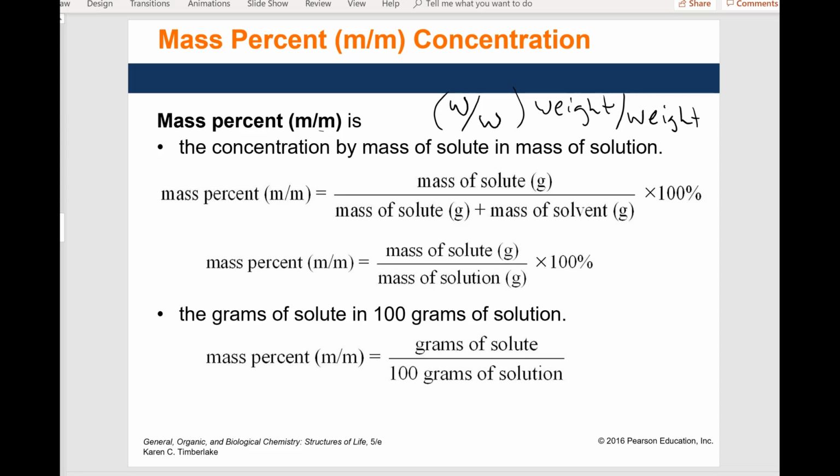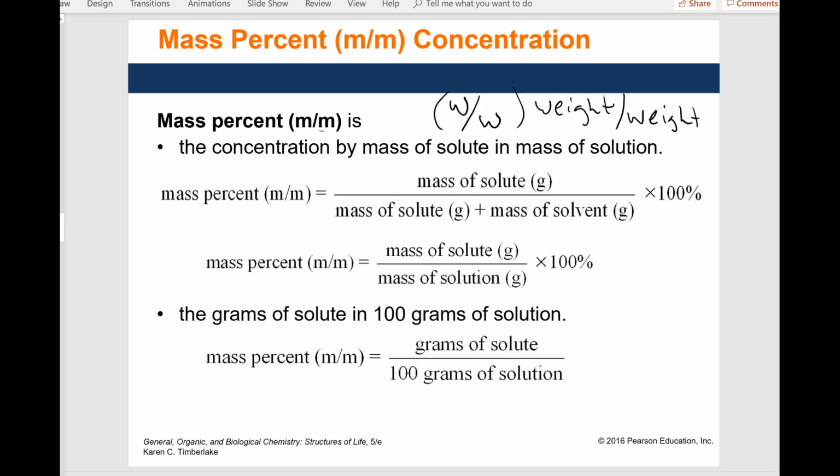The useful thing here to recognize as well, you can calculate the mass percent given the mass of your solute and the mass of your solvent. If you're given the weight percent, you can also use that to determine how much of the solute is in a certain amount of solution, using the fact that if it's a percent, and we assume that the total amount is 100, the given percent value goes on top here.